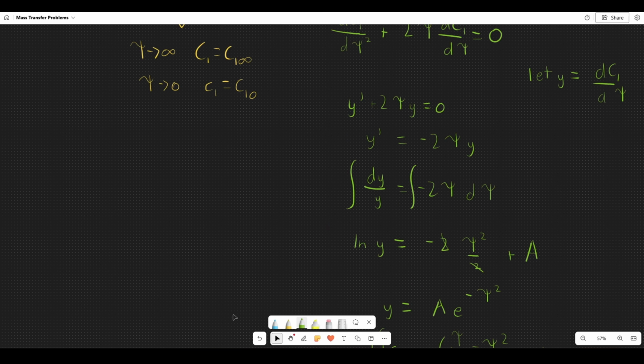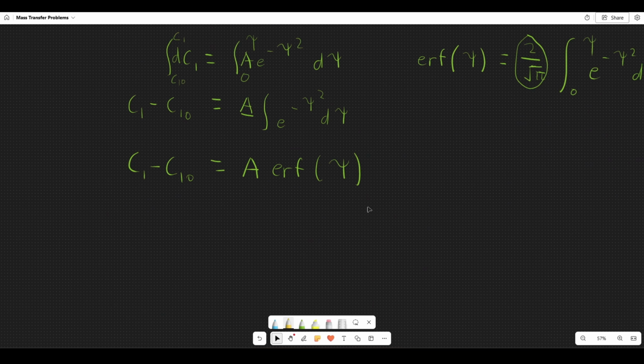And so this second boundary condition isn't useful for us. What is useful though is this one: psi goes to infinity, c1 equals c1 infinity. The error function of 0 equals 0. The error function of infinity is equal to 1, and the error function of negative infinity is negative 1.